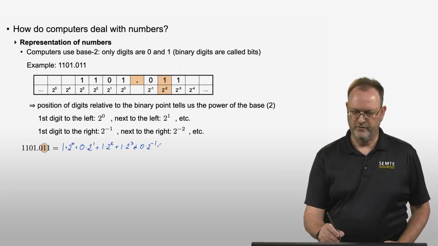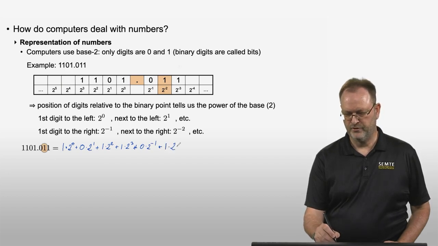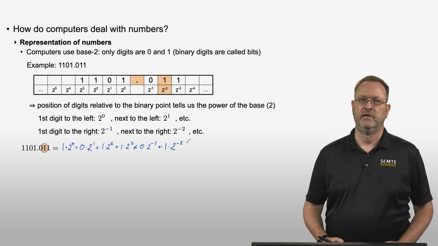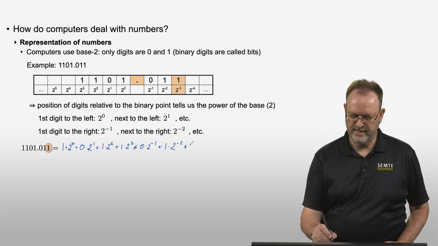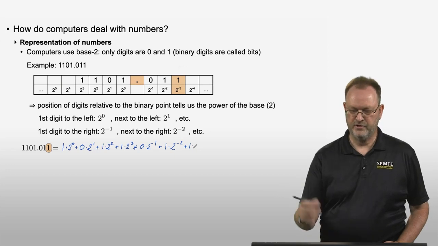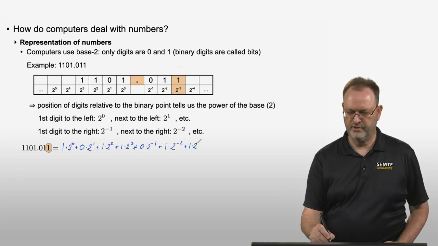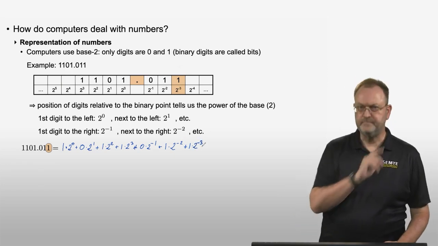The next digit over is a 1, so plus 1 times 2 to the power negative 2. And then the last digit we have in this number is again a 1, so plus 1 times the associated power of 2, which is 2 to the power negative 3.